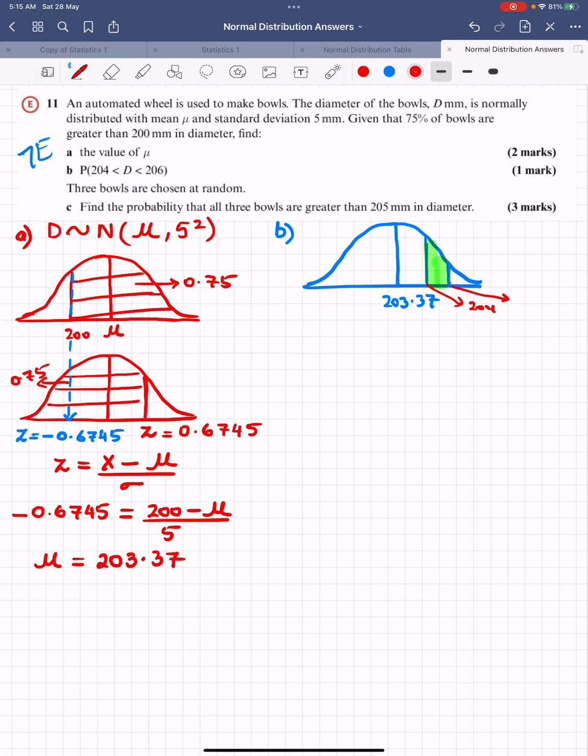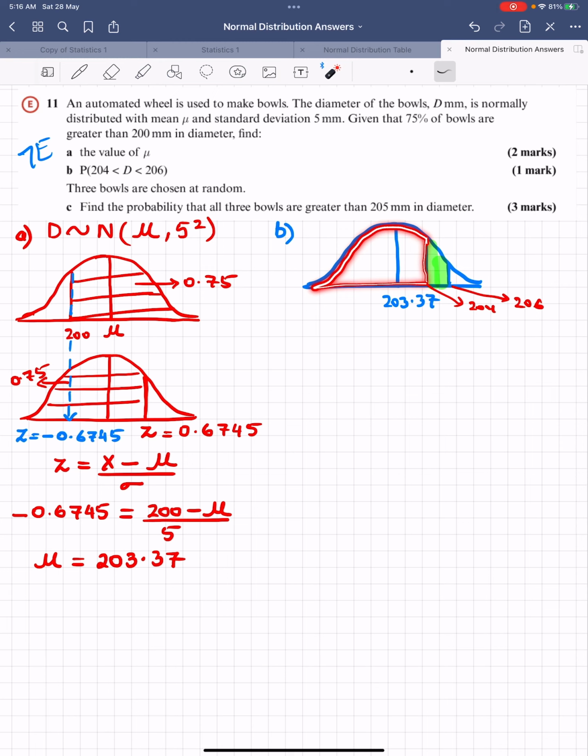If I find the probability to the left of 206, it will be all of this, and then if I find the probability to the left of 204, it's going to be all of this.